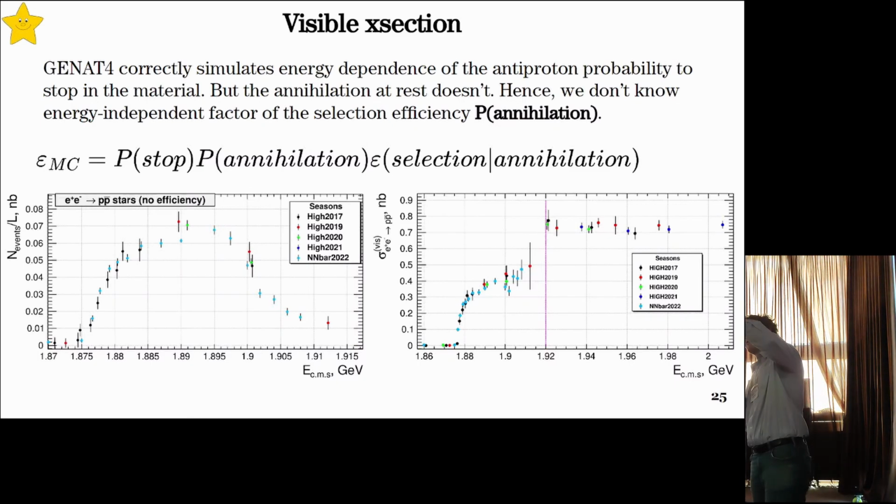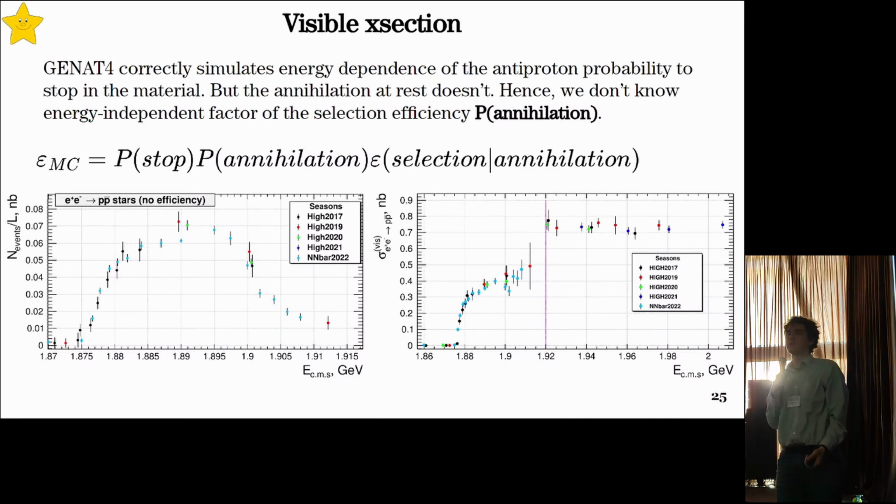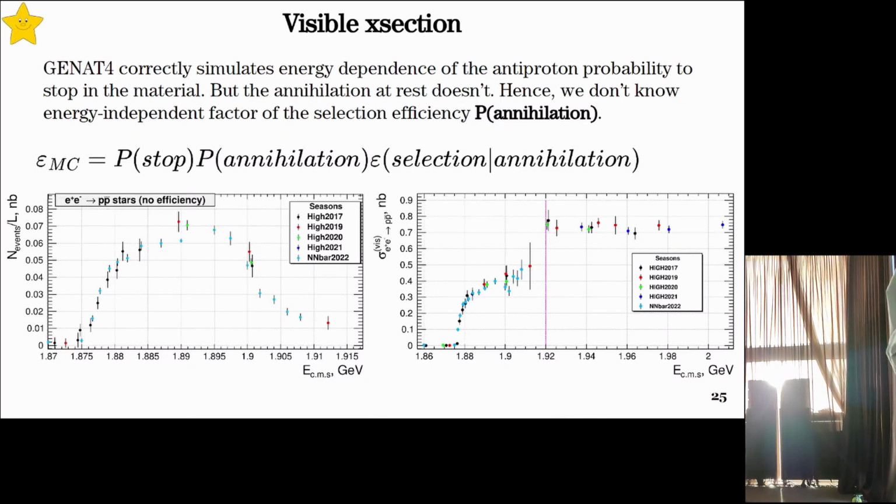That's why the value of cross-section is different.